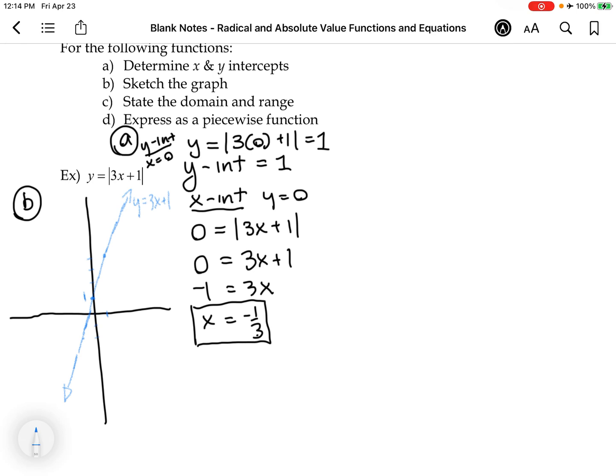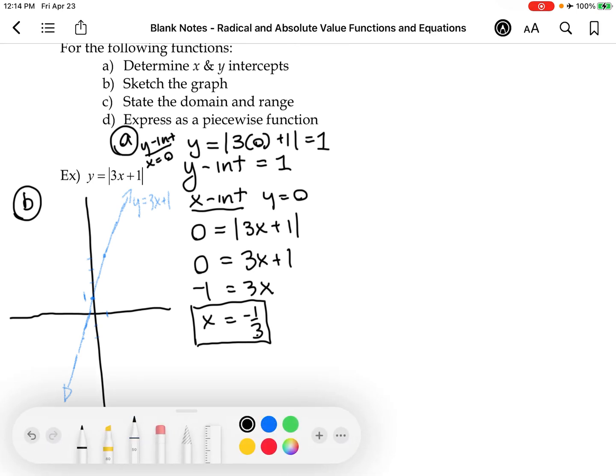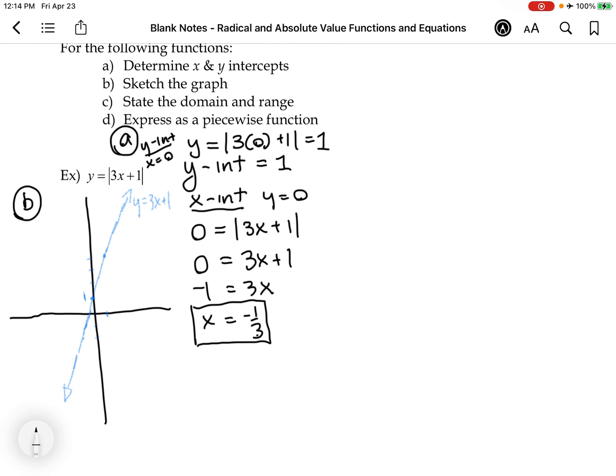What we want to graph, though, is the absolute value of that. So what we know is that wherever f of x is greater than 0, they overlap. So here is where everything's positive, so here they're just going to overlap. Where the original function is less than 0, it's going to reflect in the x-axis. So this is going to look like this.